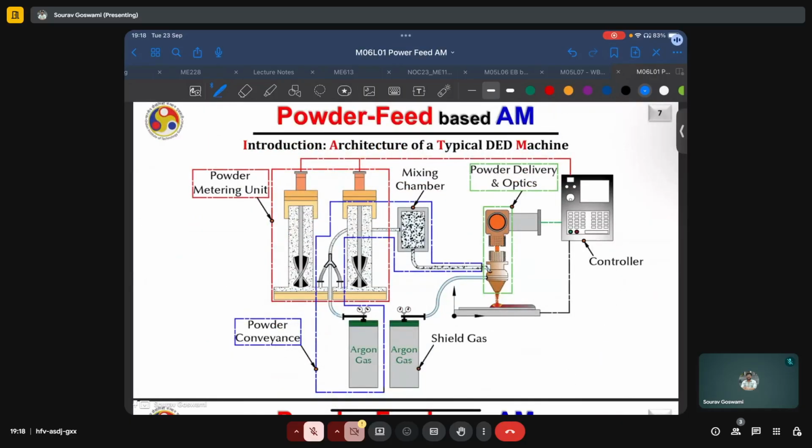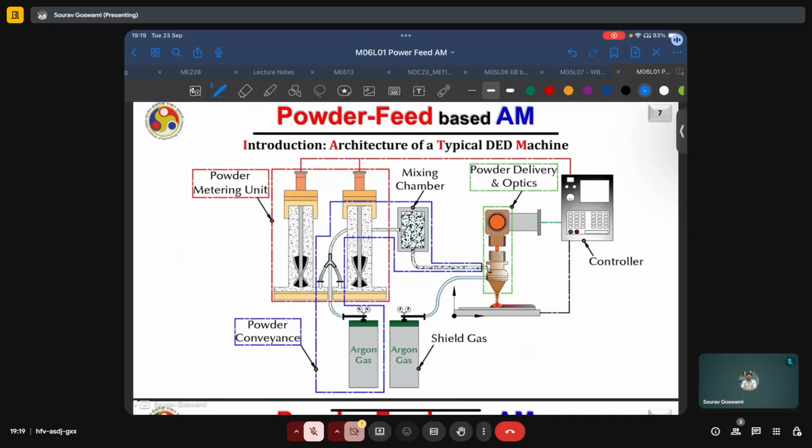The present slide highlights the architecture of a typical DED machine, where we have powder metering units, which control the quantity as well as the composition of powder in case we are trying to alloy multiple powders together. The mixing chamber, where these powders can be mixed together in well-defined proportions. The powder conveyance, which uses some inert gas, typically argon.